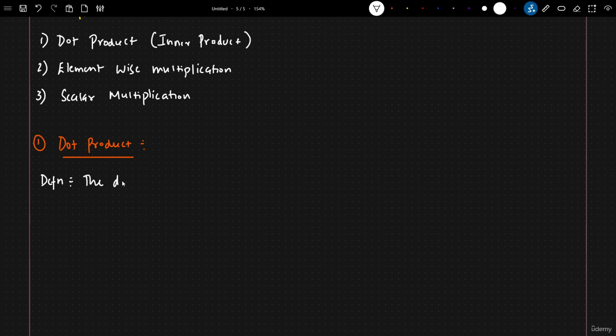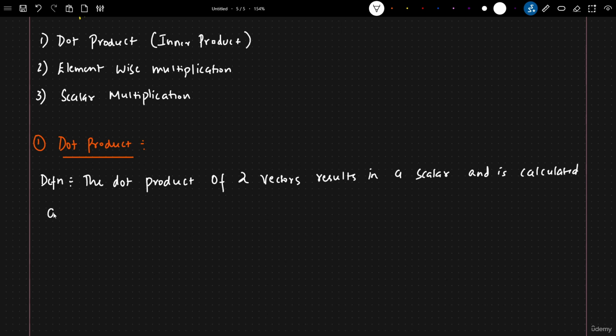So the dot product of two vectors results in a scalar and is calculated as the sum of the products of their corresponding components.